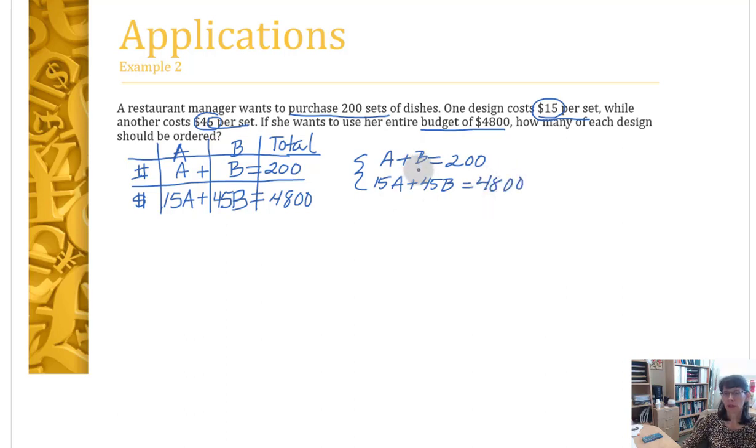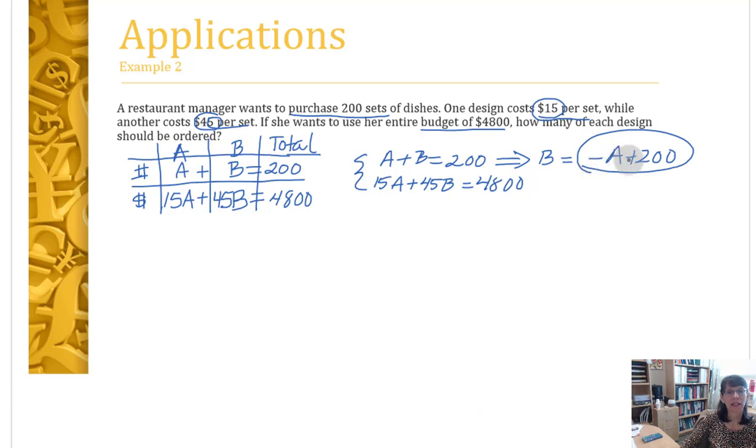We can use either substitution or elimination to solve this system. So I will take this first equation and rewrite that as B equals negative A plus 200. All I'm doing is subtracting A from each side of the equation.